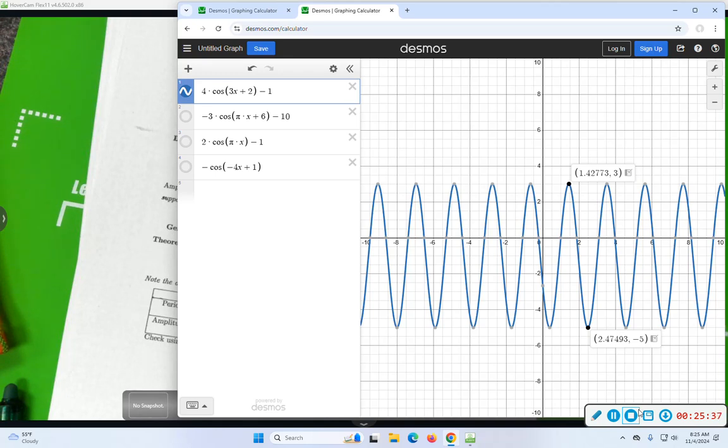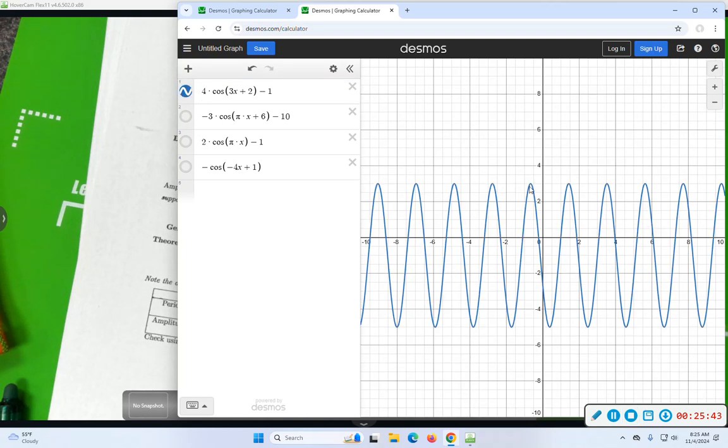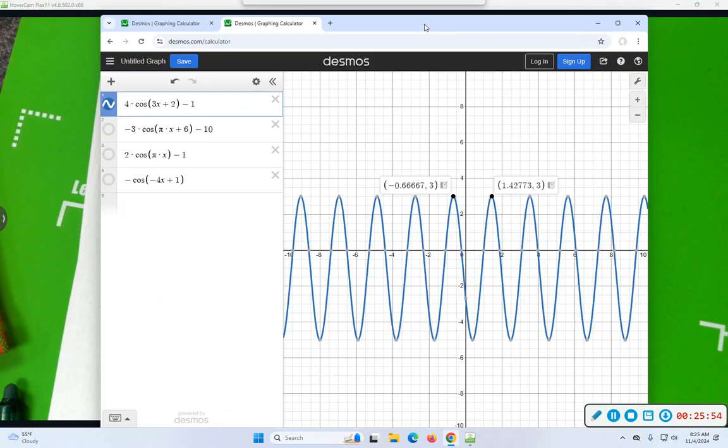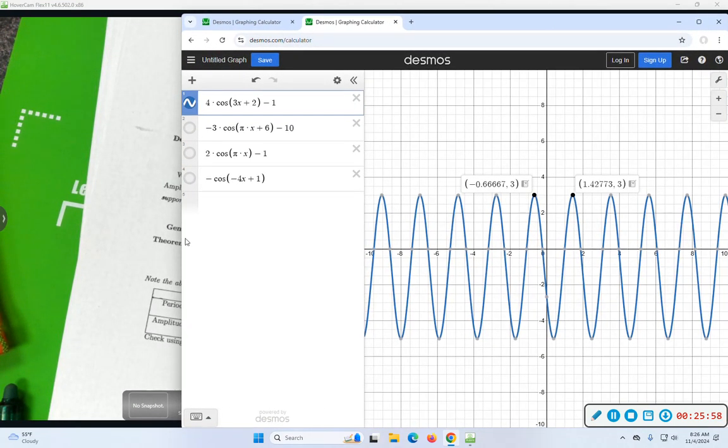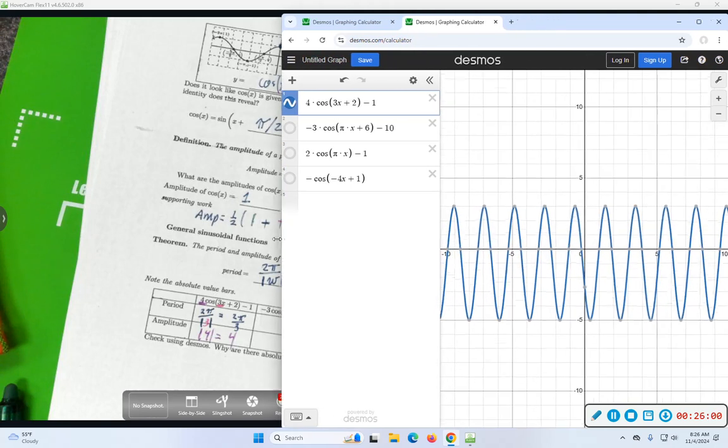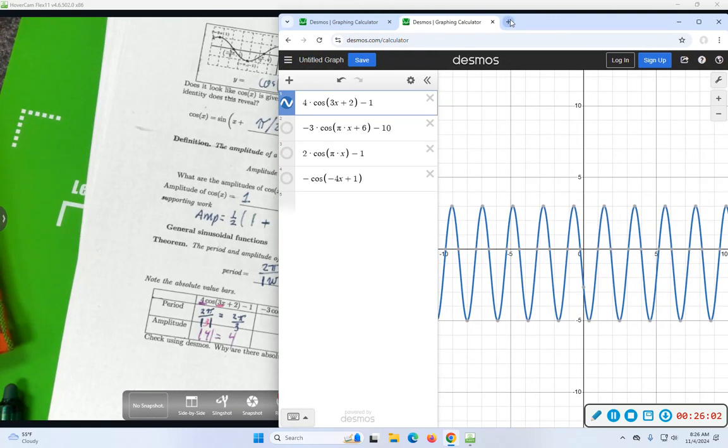That works out well. The period is how far to the left you need to shift this thing to have it get back to itself. So it looks like the period is whatever the distance is between those two inputs. And I guess, well, we could compute that. See if we get something that's close enough to the 2 pi over 3 that we predict.